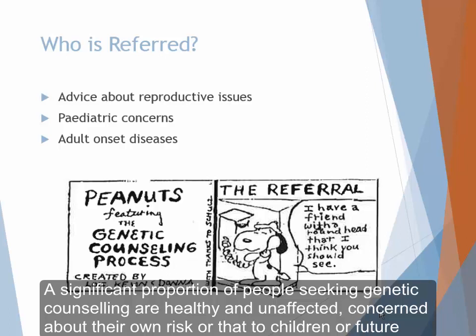There may be paediatric concerns that their child's not developing as they should be with their particular milestones. There may be dysmorphic features, other health issues that there are concerns for, and we'll go into more of these particular clinical conditions. And then there's adult onset diseases which can come on later, like some of the musculoskeletal conditions or conditions like Huntington's.